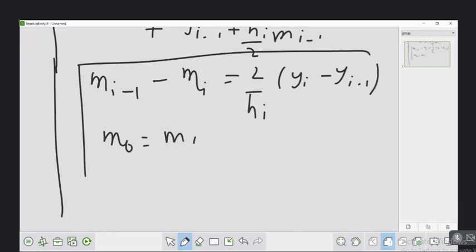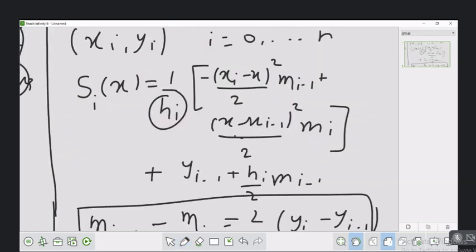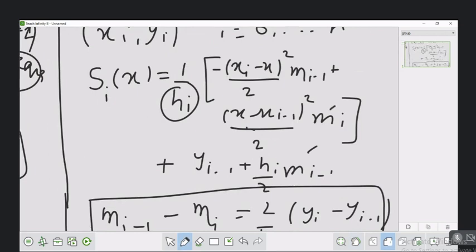These equations are going to give you mi's. You calculate mi's and put the mi's here, here, and here, and solve this. What you will get is a quadratic equation, which is a quadratic spline for all i. Is that clear?